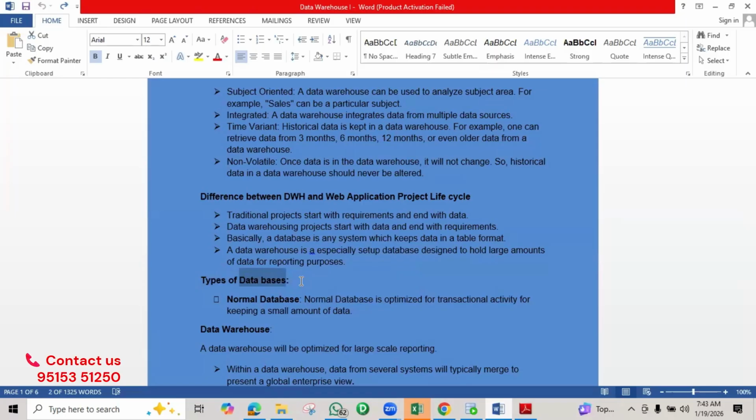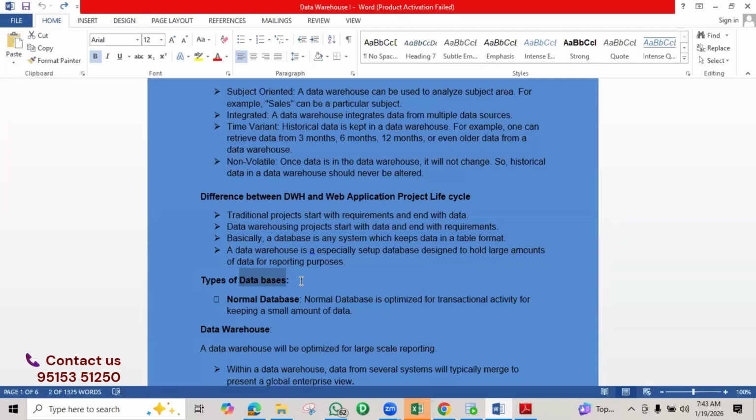Imagine Balaji is a very good photographer. Wherever he goes, he takes selfies or photos from his mobile phone. Technically his mobile phone is a database. Consider Chitra is the owner of Central Mall.